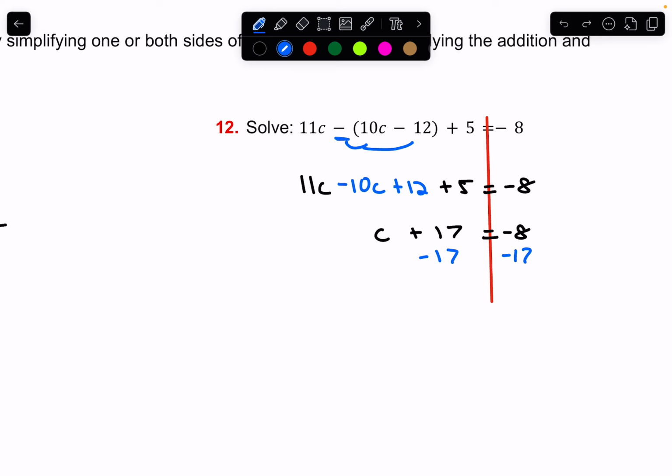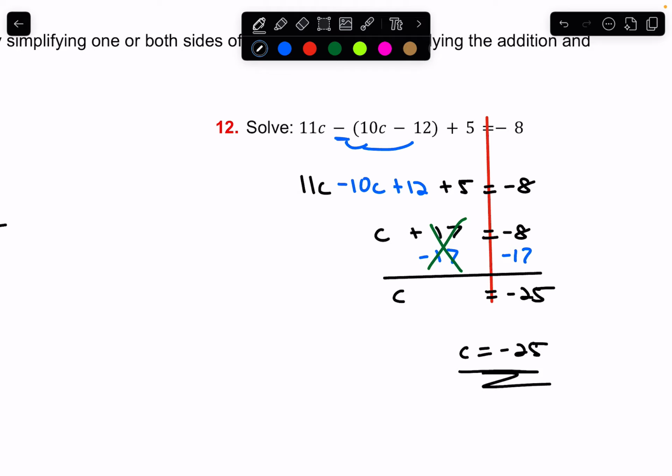Subtraction property of equality here is going to allow me to cancel out those 17s. And I drop down my c. On the right side, negative 8 minus 17 gives me negative 25. And I can go ahead and say, bing, bam, boom, c is equal to negative 25. And done. Number 12 is solved.